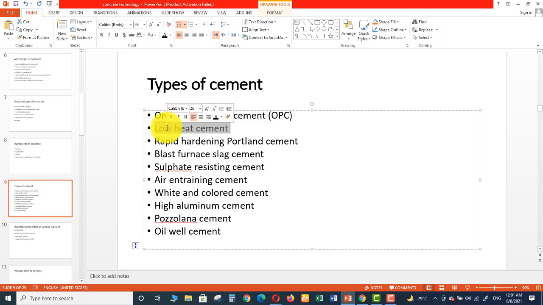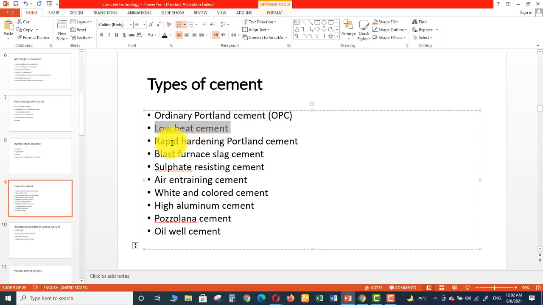This cement is widely used in retaining walls. So we need to remember this point, that we use low heat cement in retaining walls. It should not be used in thin walls. We should prefer low heat cement in thick walls, not in thin walls. As we know that retaining walls are thick walls, so we prefer low heat cement in the construction of retaining walls. So these were some important points related to low heat Portland cement.